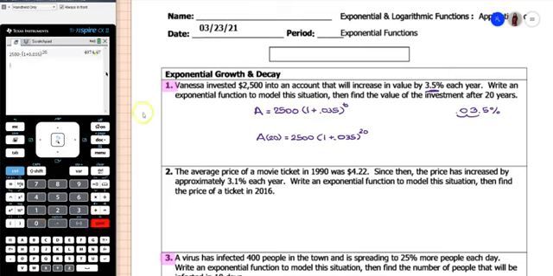And so that right there is our answer for how much the investment will be worth after 20 years. So in 20 years time, she's going to have $4,974.47 for that initial investment of $2,500.